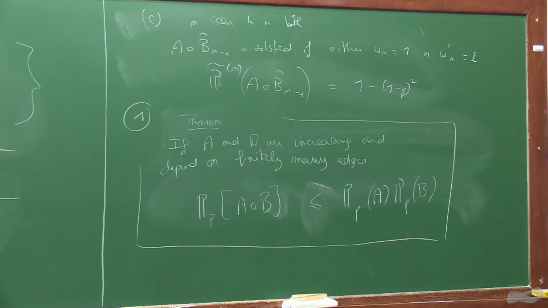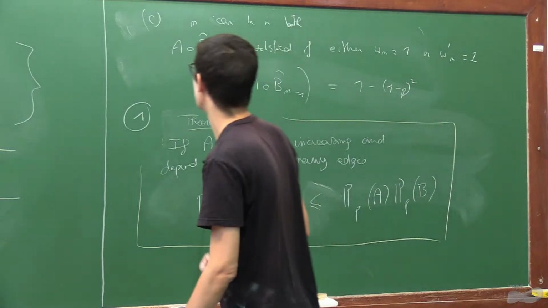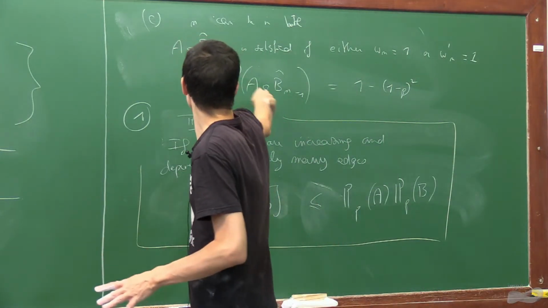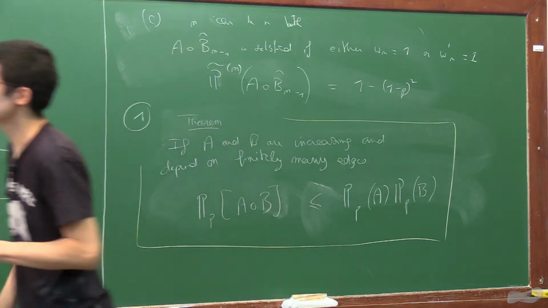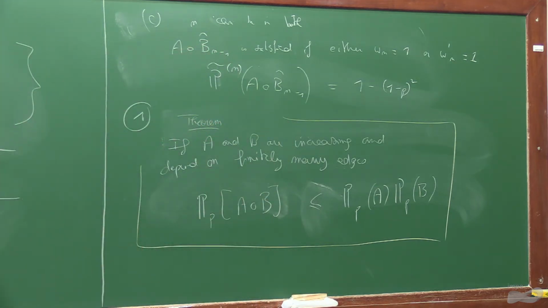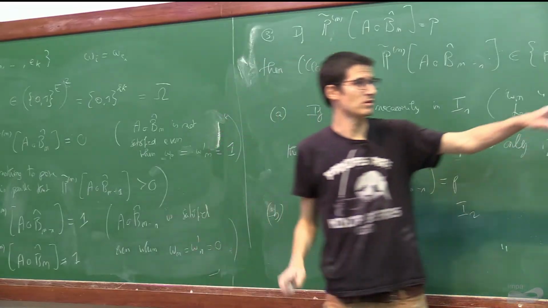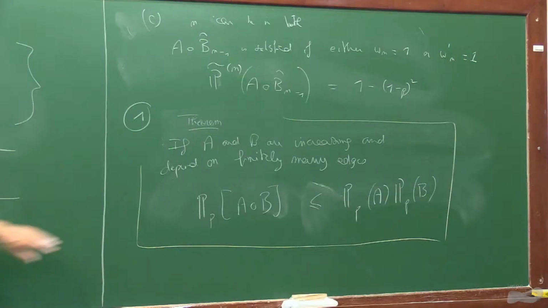So you see that I have basically two cases where the inequality may not be sharp, which is this one and this one over there, which explains why this inequality is in general not sharp.